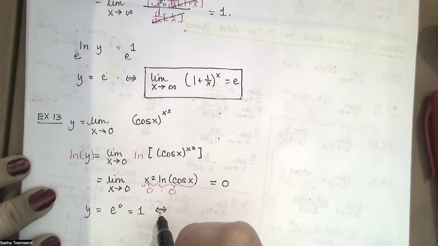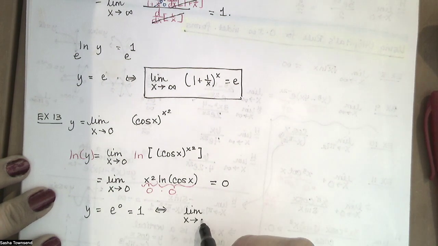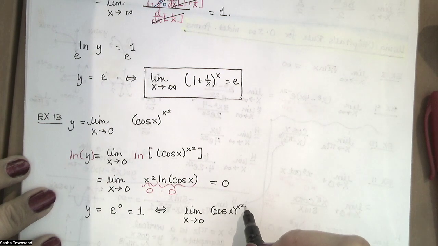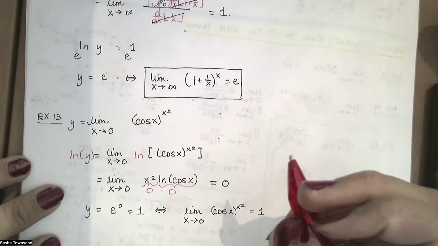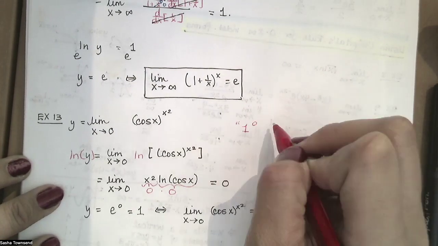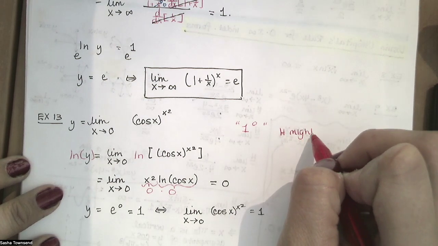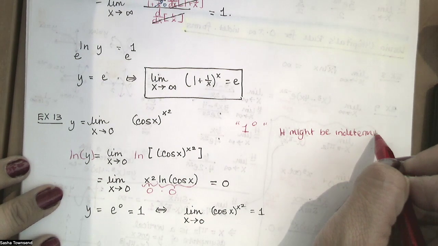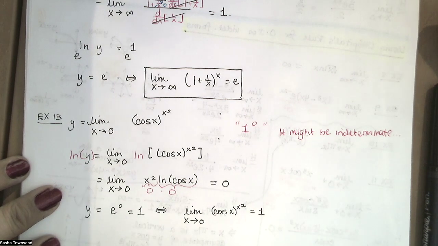So in other words, the limit as x approaches 0 of cosine of x raised to the x squared equals 1. Now I'm still not sure if this 1 raised to the 0 is an indeterminate form. It might be indeterminate, but it might not.